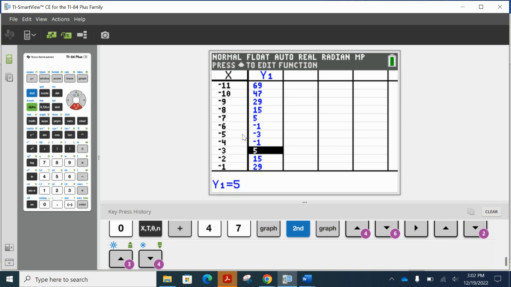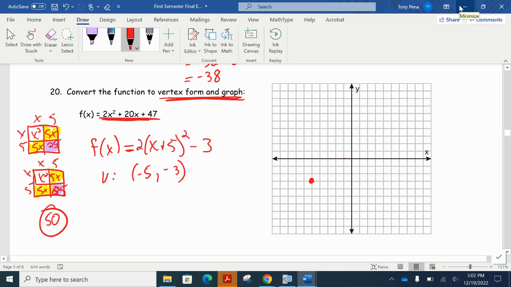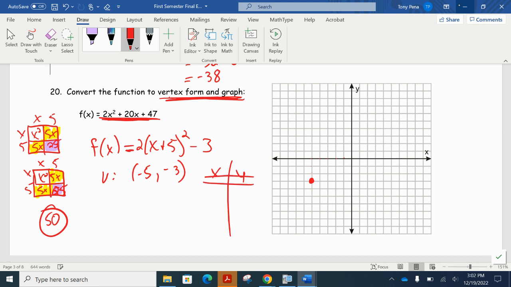So if I were to now just write these handful of values in, we would set up a table. We're going to go -5, -3, and then we get the two numbers in front, the two numbers behind.